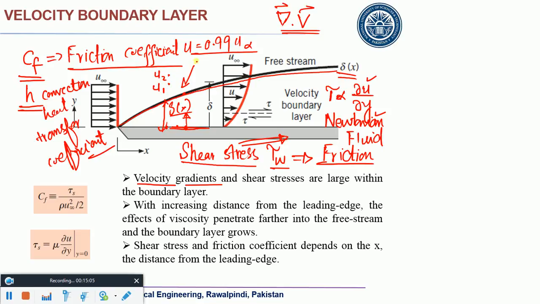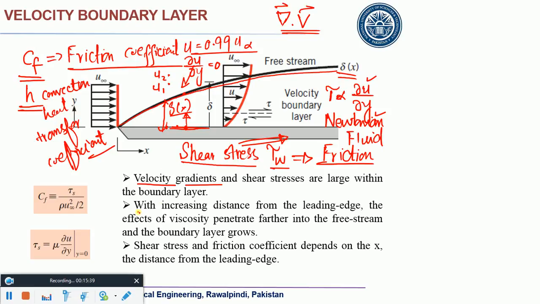If I ask you what partial u by partial y is over there, outside the boundary layer, it should be 0, isn't it? Why? Because outside the boundary layer everything is like u infinity. There is no change in velocity as you move up outside the boundary layer, right? So you can say that velocity gradient and shear stress are stronger within the boundary layer.